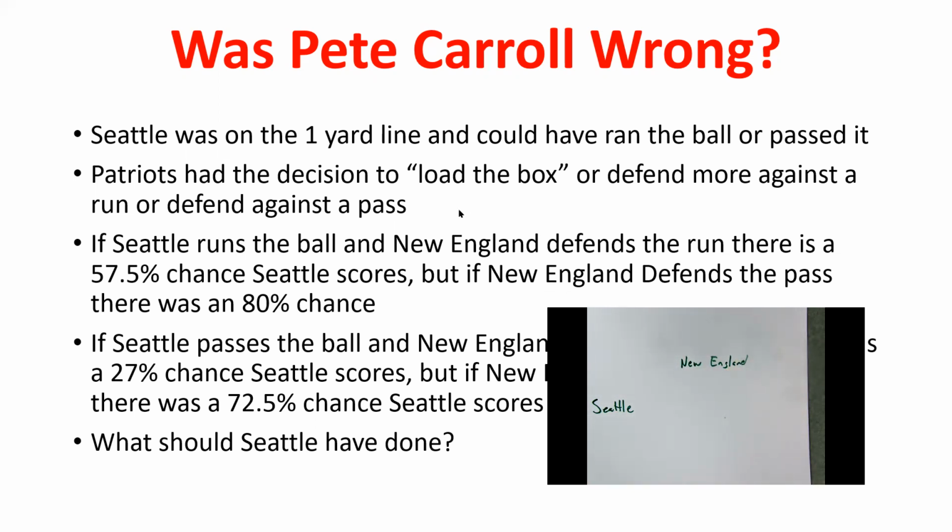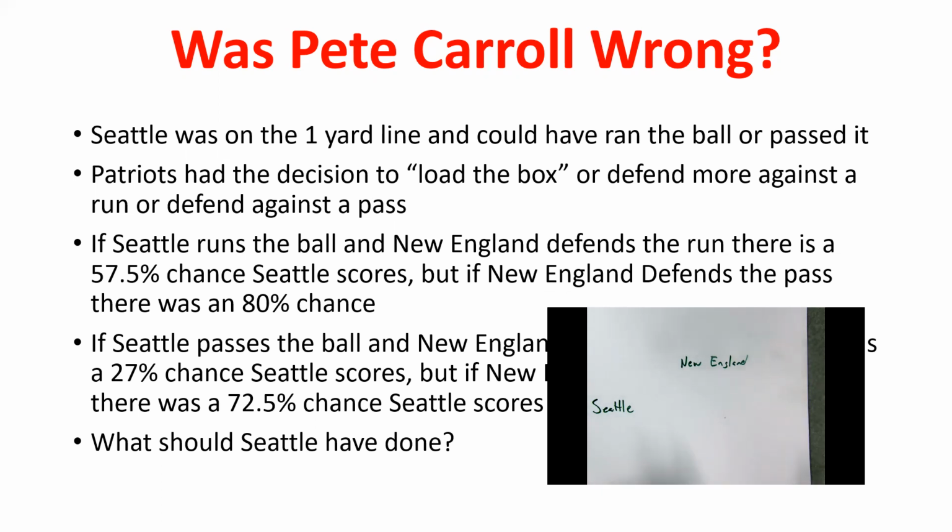If the Patriots loaded the box, they'd be defending against the run, or they could defend against the pass. I'm simplifying this a bit, but you're thinking about selecting a defensive scheme that would be better against a run, or one that would be better against a pass. Obviously there's probably more nuance there, but that's not a far stretch.